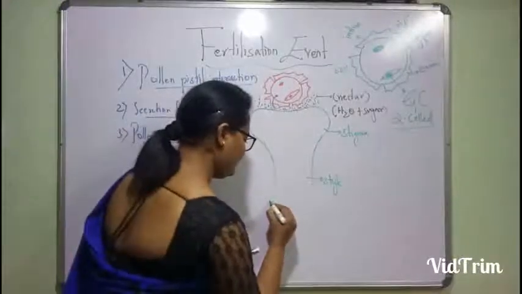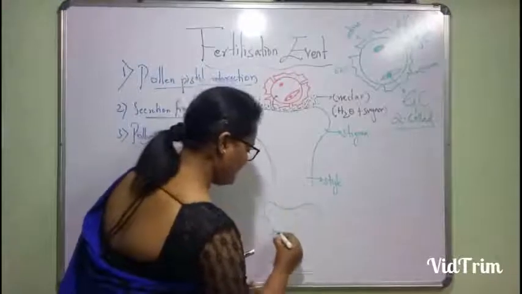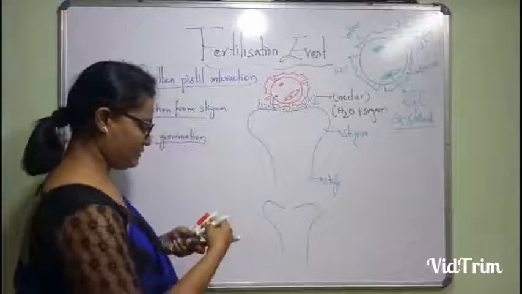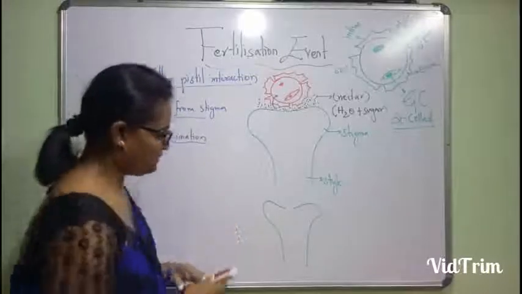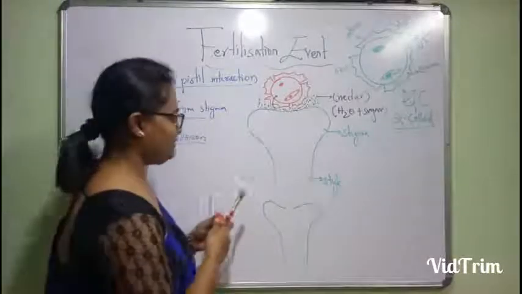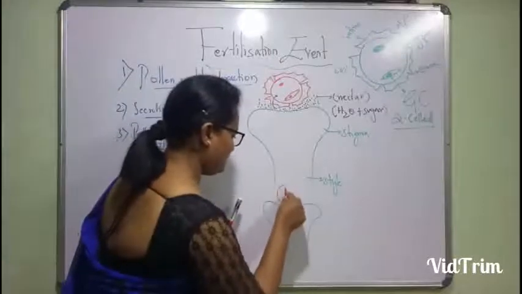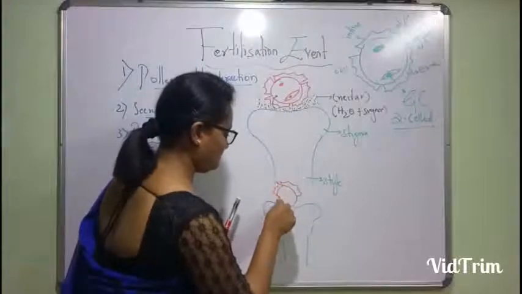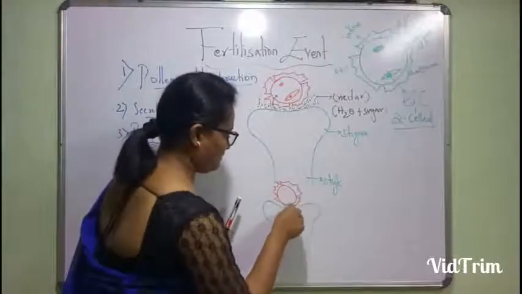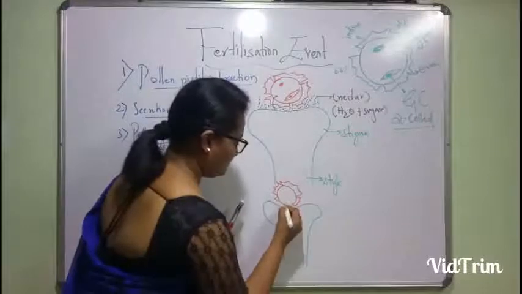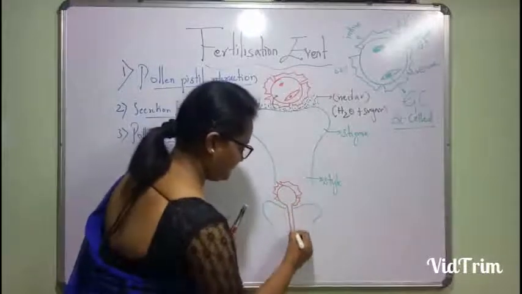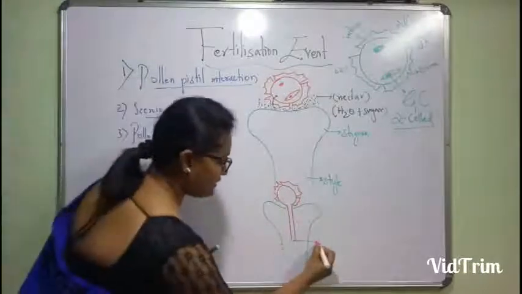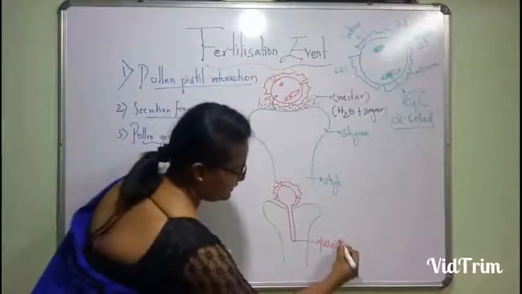I'll draw here. From the pollen grain, like this, there will be emergence of the pollen tube. This is what we call the pollen tube.